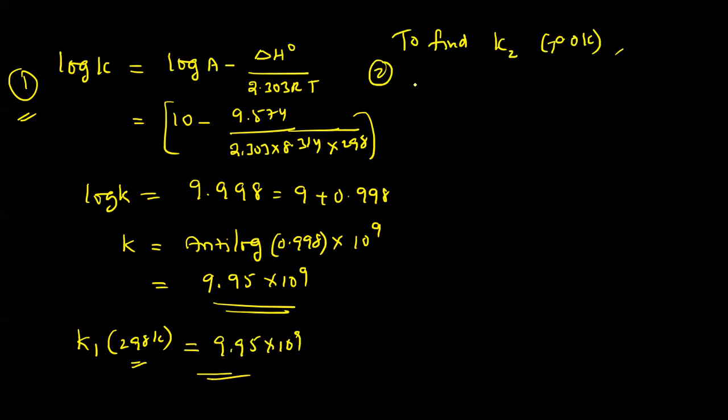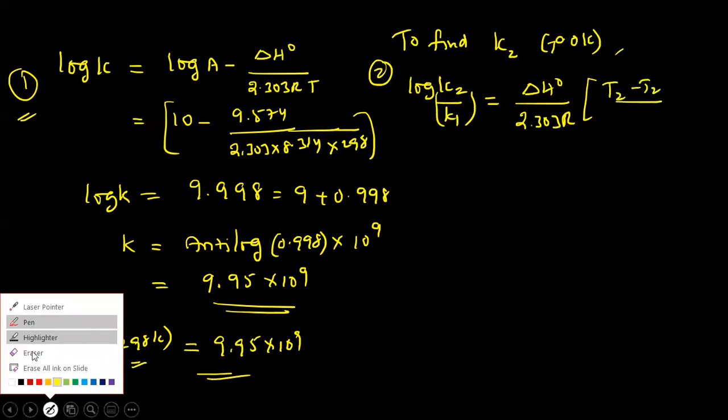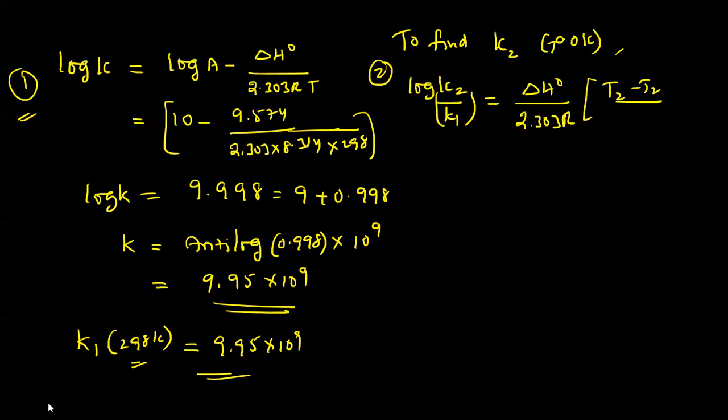We have the Arrhenius expression: log K2 by K1 is equal to ΔH° by 2.303 R into (T2 minus T1) by T1 T2. In this juncture, we can use K1 in the expression.